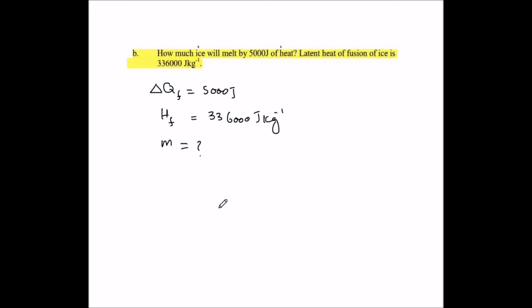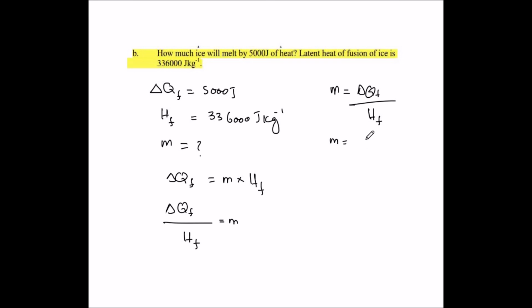Recall the formula of latent heat of fusion. So we get delta QF is equal to M times HF. We need mass, so you can make mass the subject: M is equal to delta QF over HF.